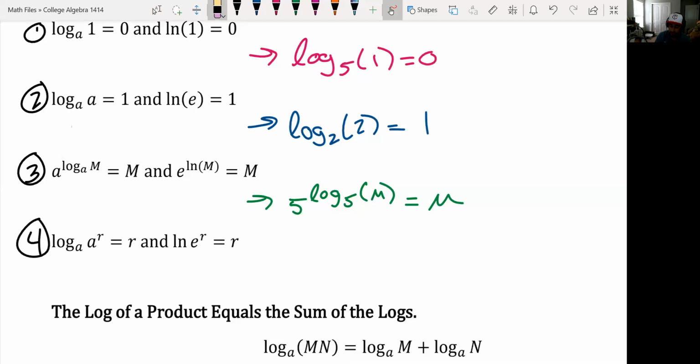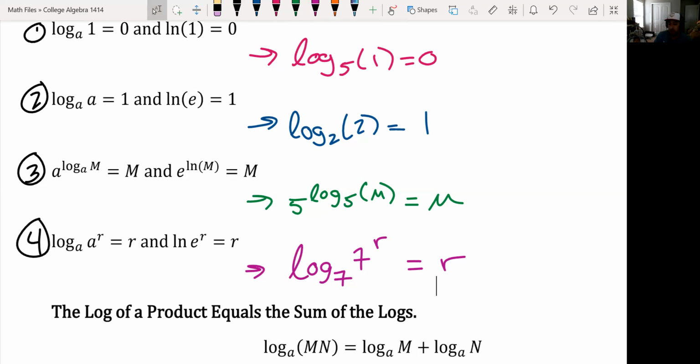Okay, and again, same thing goes for the natural log. So good example, let's say I had log base 7 of 7 raised to the r. Since these are the same, they cancel and leave you with r. There we go. All right, not bad. So these are some basic log properties. And one of the easiest ways to remember these is just throw them in a calculator if you need to.